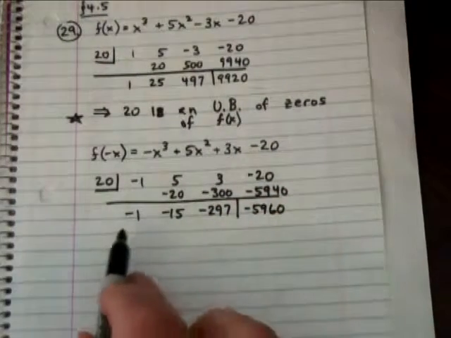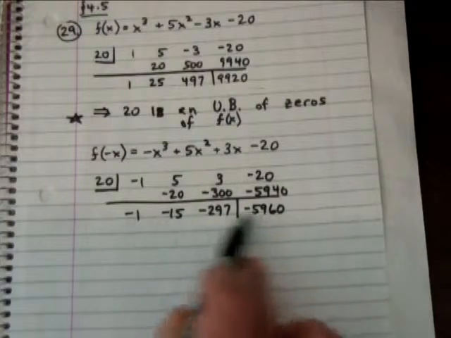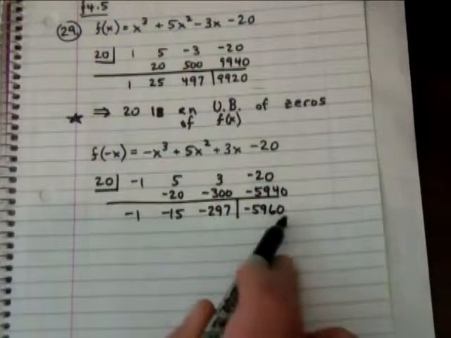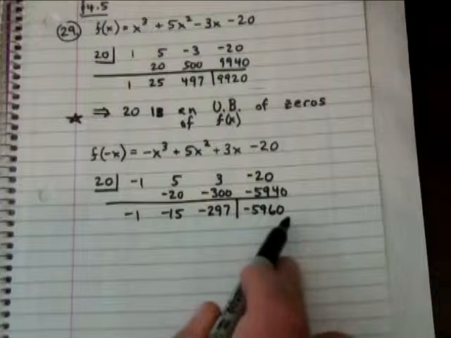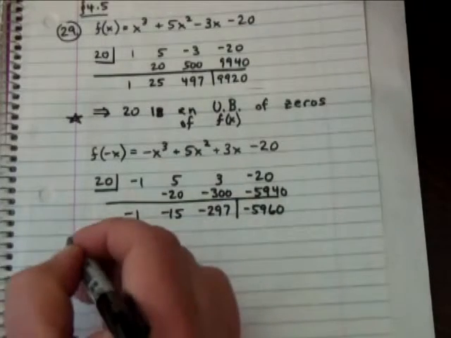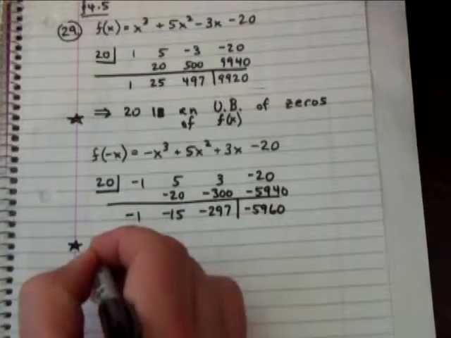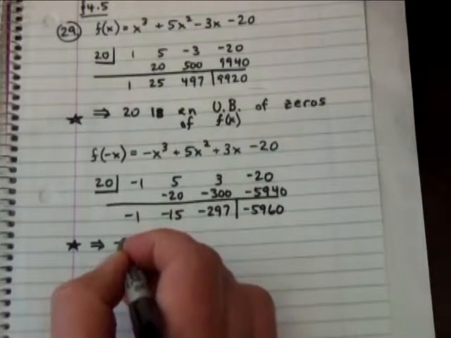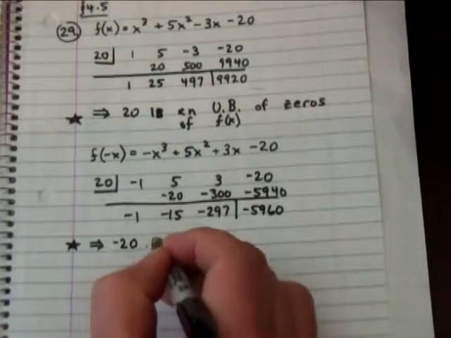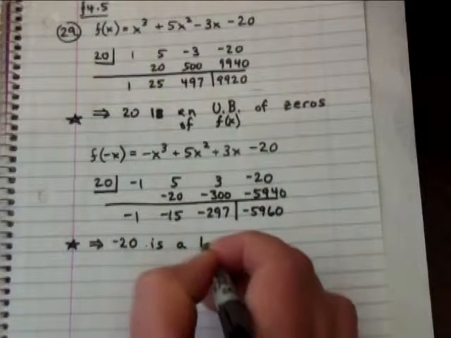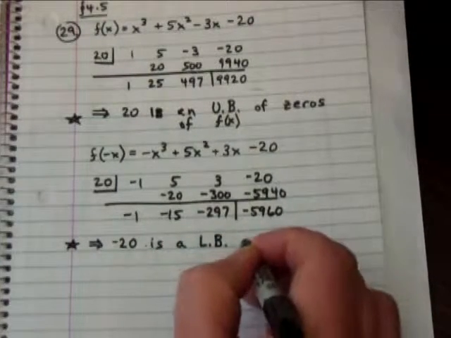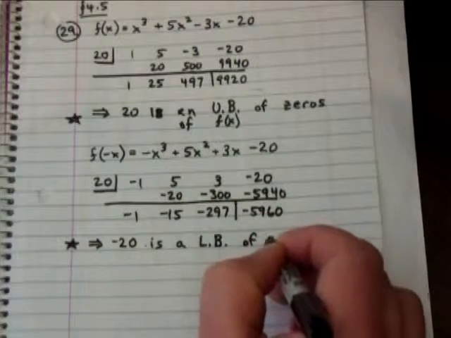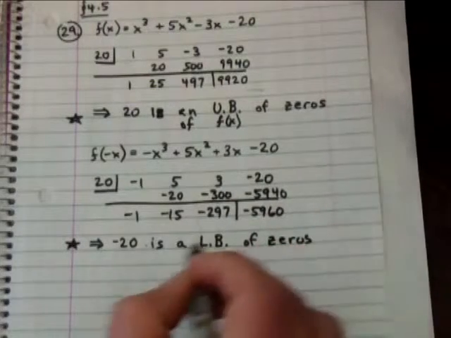Notice in this case that the signs don't change as you go from left to right in this quotient and remainder. They're all negative. So that tells me that my lower bound isn't 20, but rather it is negative 20. So negative 20 is a lower bound for the zeros of this polynomial.